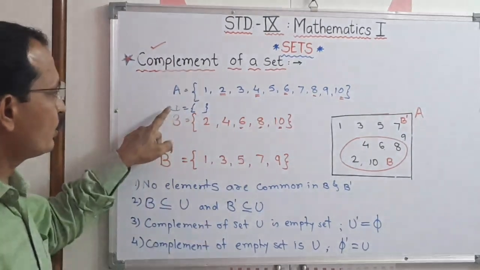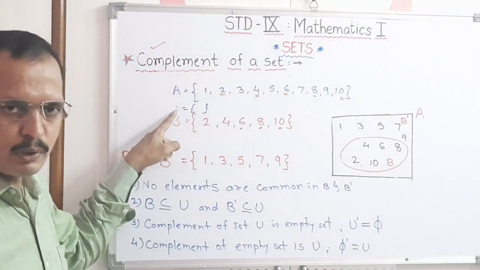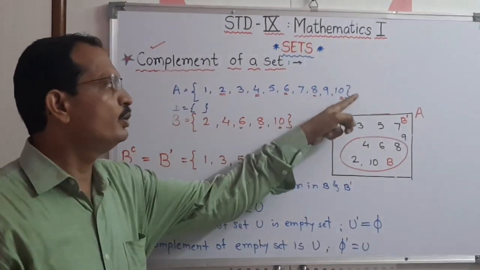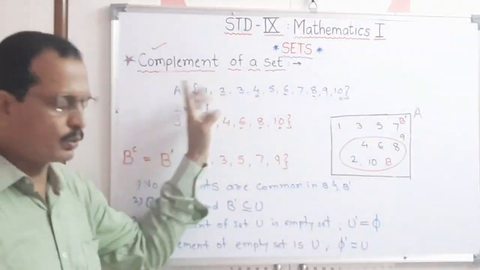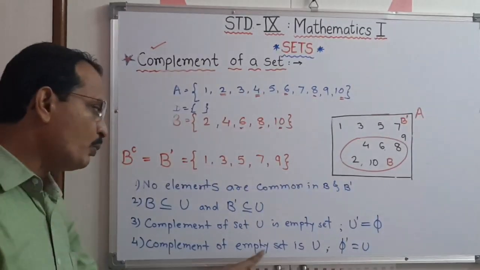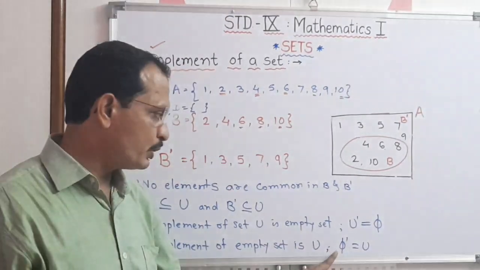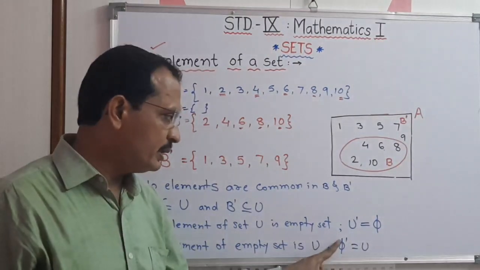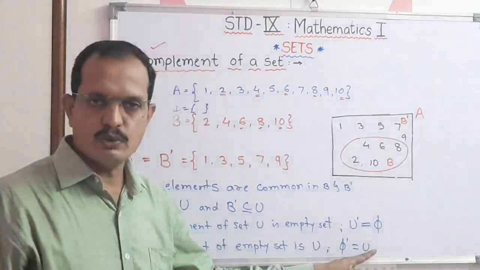Now if we have to write the complement of D set, then the complement of this set is the universal set. That means all elements of the universal set we have to write. Therefore complement of empty set is always the universal set.